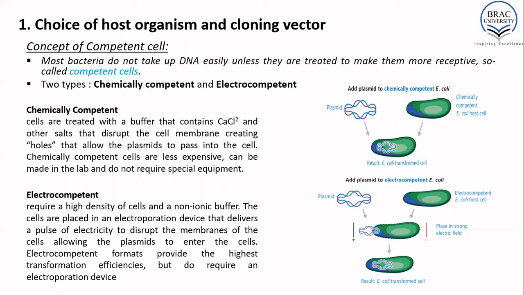Electrocompetent cells provide the highest transformation efficiencies, but do require an electroporation device. The type of competent cells will determine the transformation protocol. That is, chemically competent cells will be used for the chemical transformation protocol of plasmid or DNA.